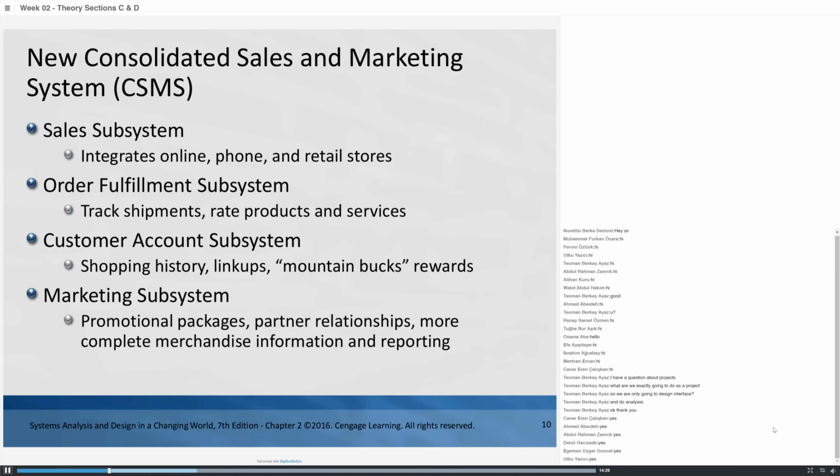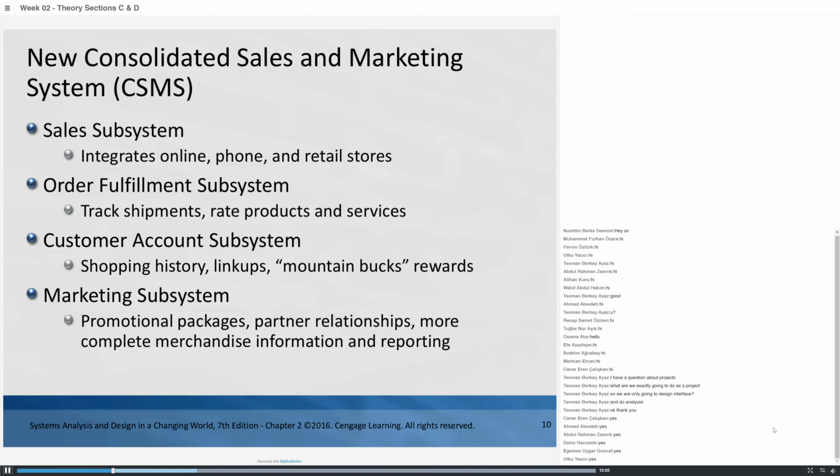The new CSMS, Consolidated Sales and Marketing System, will have 4 subsystems. A sales subsystem. This module will provide some basic functions such as searching the catalog, purchasing the item, and paying for the items in the shopping cart online. However, it has many new capabilities to assist shoppers.